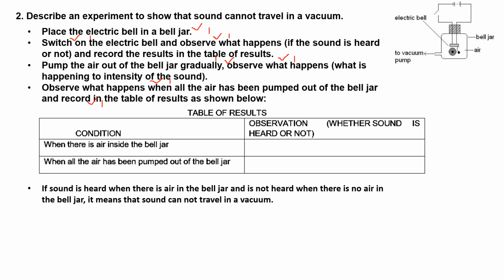Since we have already referred to the table here, you may not gain marks for saying this, but it is just adding value to your response above. If sound is heard when there is air in the bell jar and is not heard when there is no air in the bell jar, that's 1 mark.